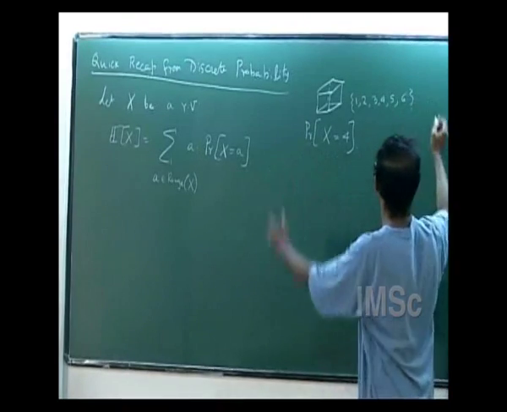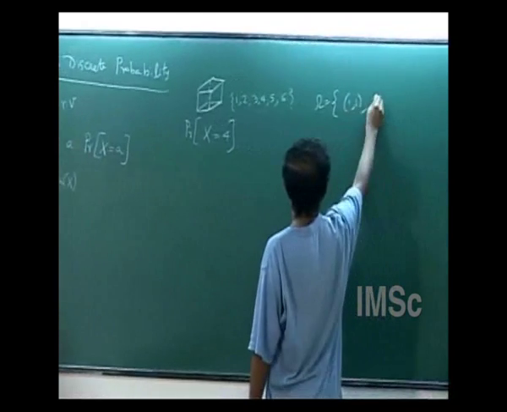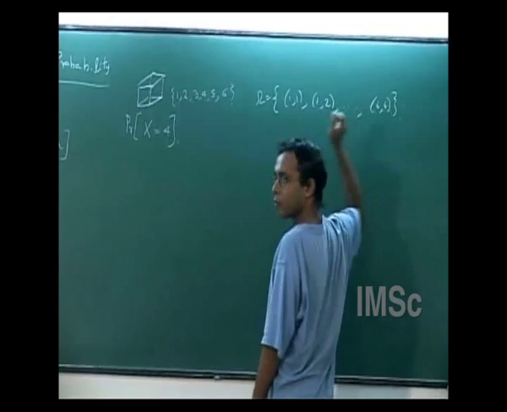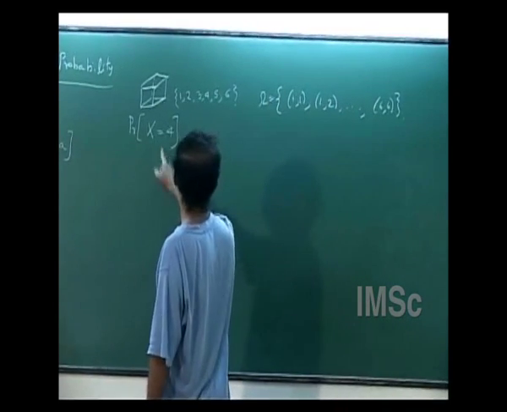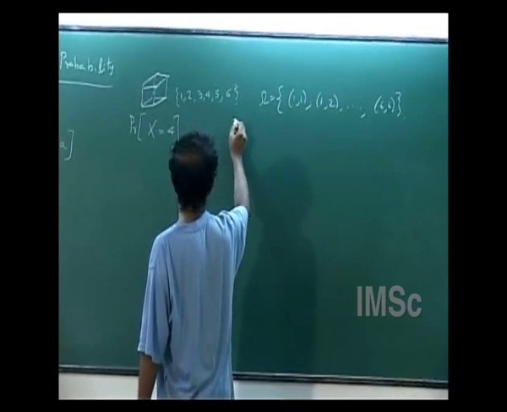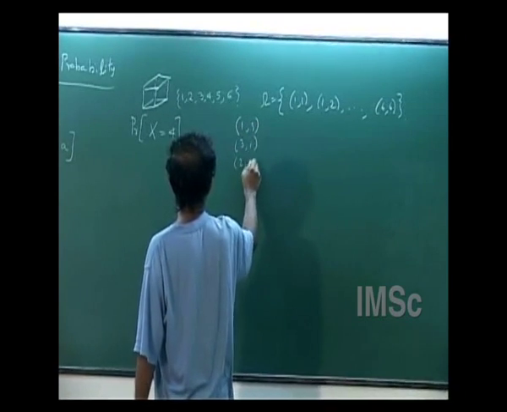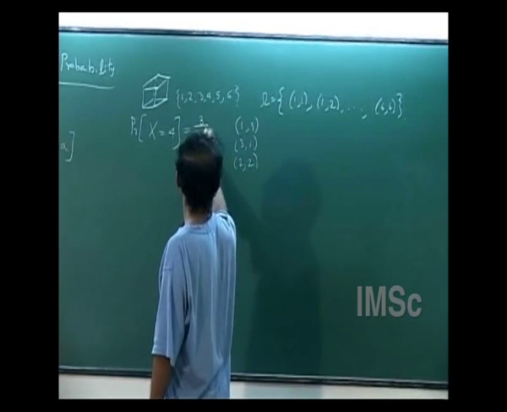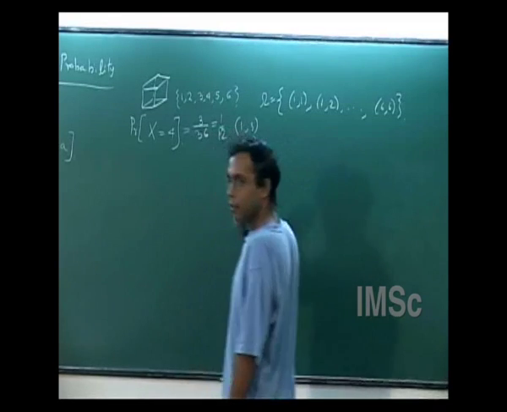The sample space is just all 36 ordered tuples. If you want to estimate this, just look at the events that add up to 4: 1 3, 3 1, 2 2. So this probability is 3 by 36.